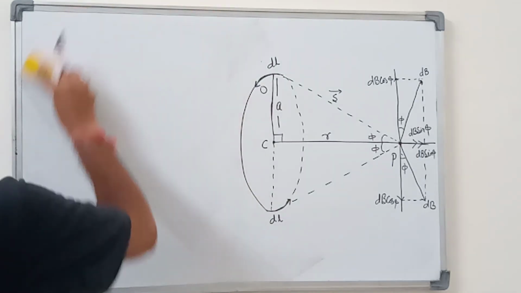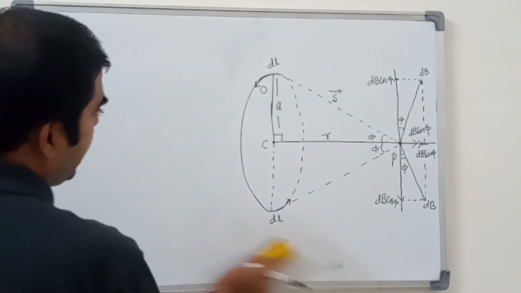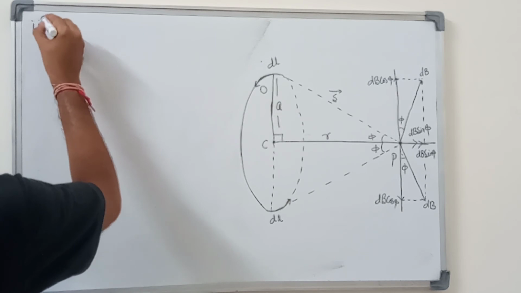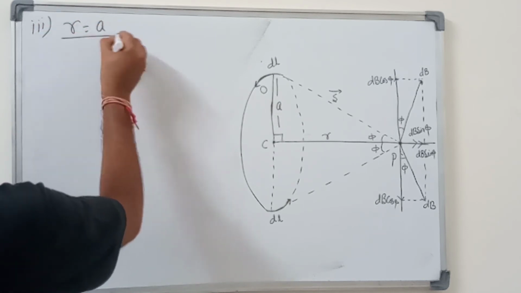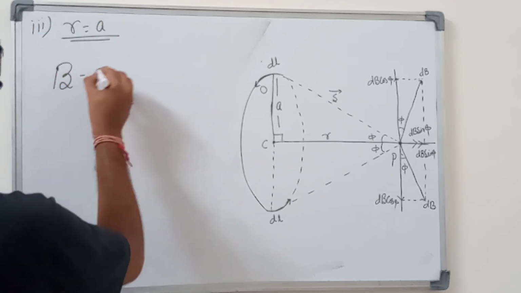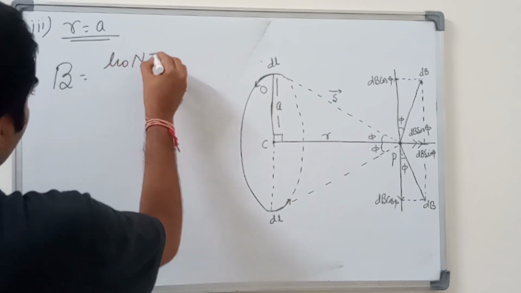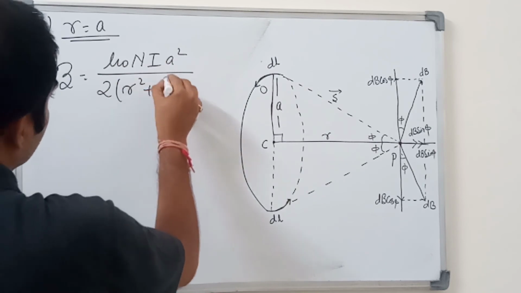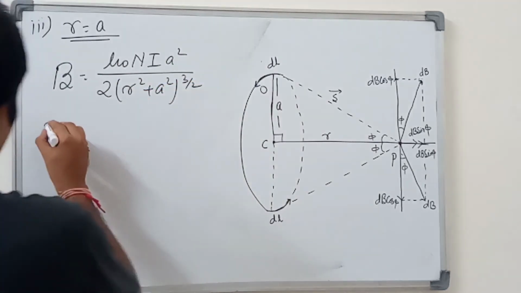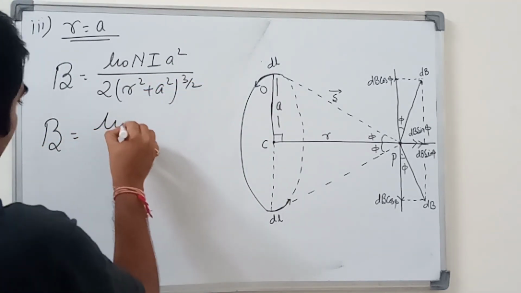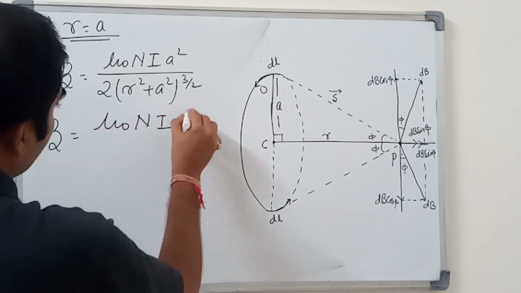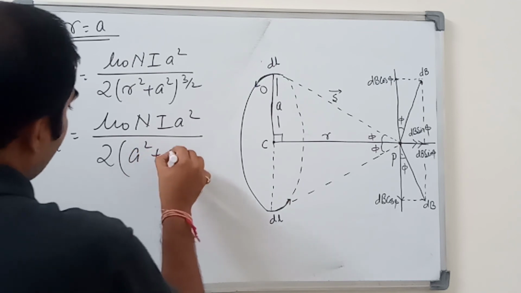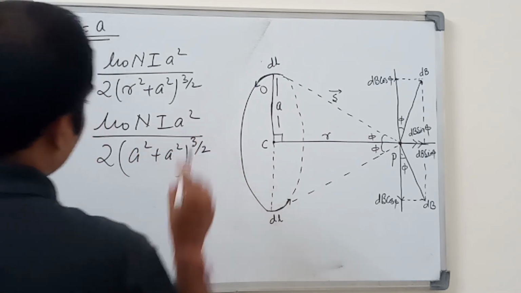And now the third point is r is equal to a. It means the radius and distance are both at the equal point. So the magnetic field is mu0 N I a square upon 2 (r square plus a square) to the power 3 by 2. So the magnetic field mu0 N I a square, and now r is replaced by a, so a square plus a square, and there is the 3 by 2.